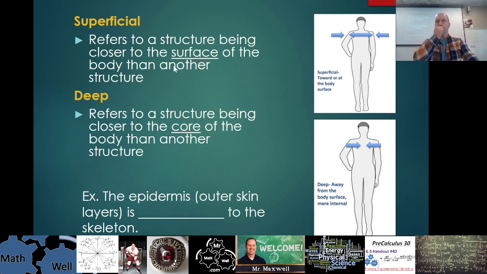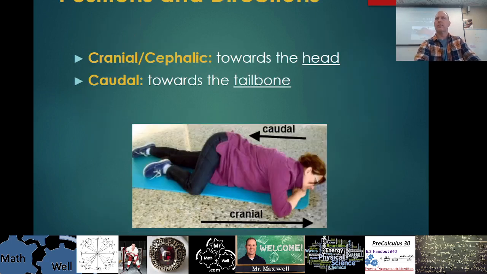The slide before was not anatomical position. The cranial and caudal? Yeah, it's head and tailbone. But usually it's supposed to be anatomical position. Are you asking about this slide right here?